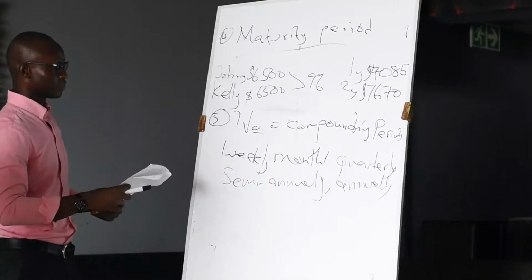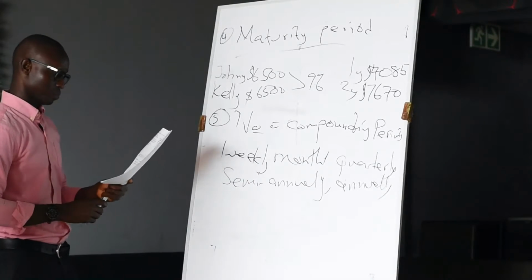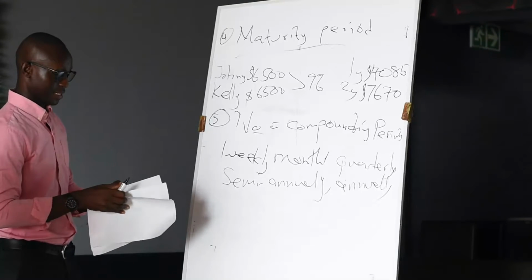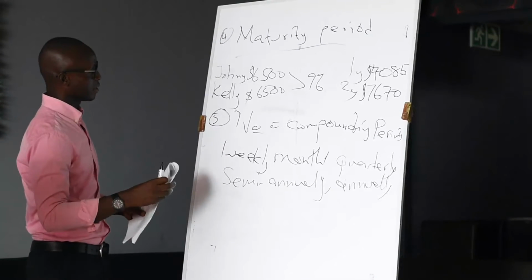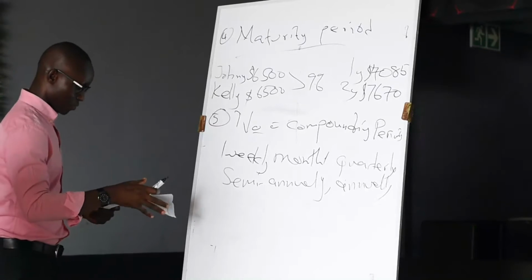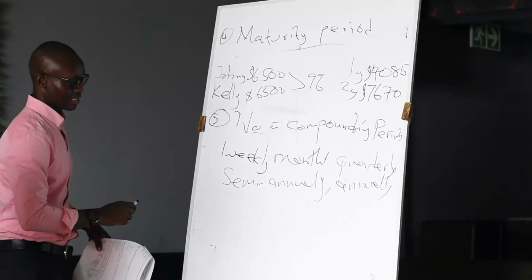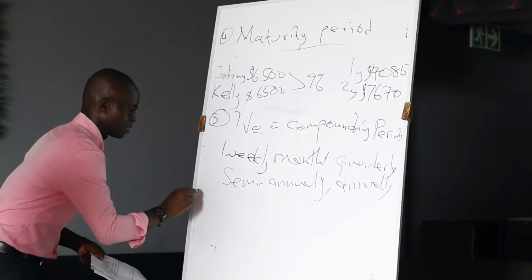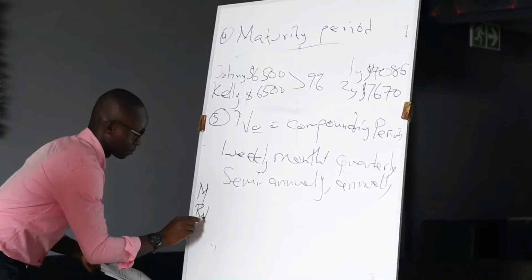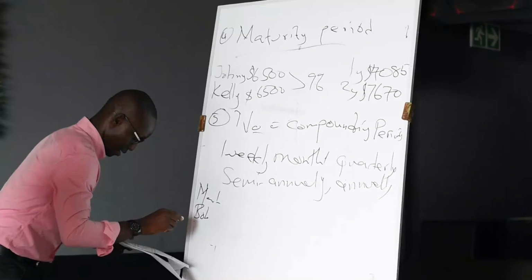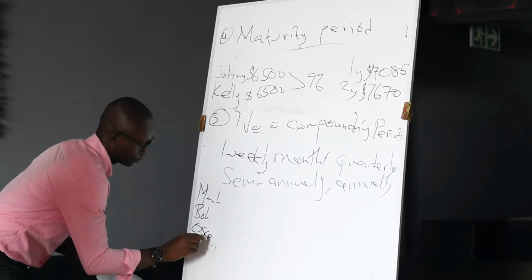Okay, so let's say one is investing with respect to, we are going to look at 3 individuals here, and I want us to summarize everything in a simple table: Martin, and then Bobby, and then you also have Oscar.